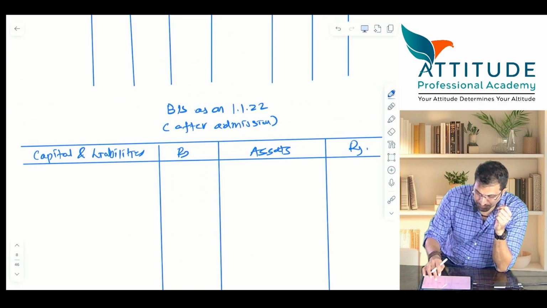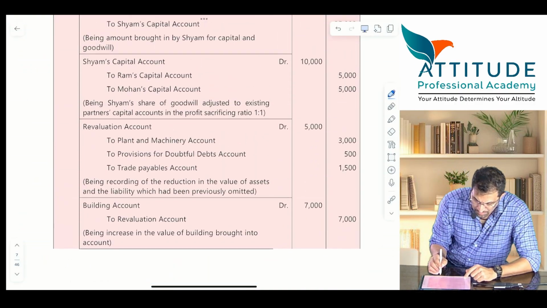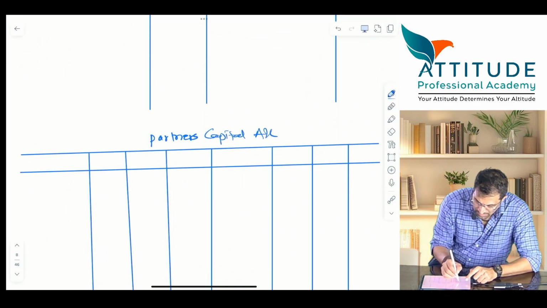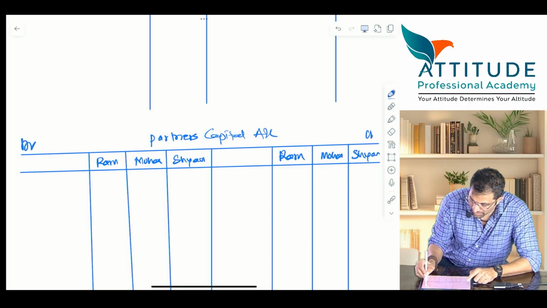Okay, now wait. First thing is first. Who are the partners? Ram, Mohan and Sham, right? Ram, Mohan, Sham. Debit credit. For account, debit credit always.